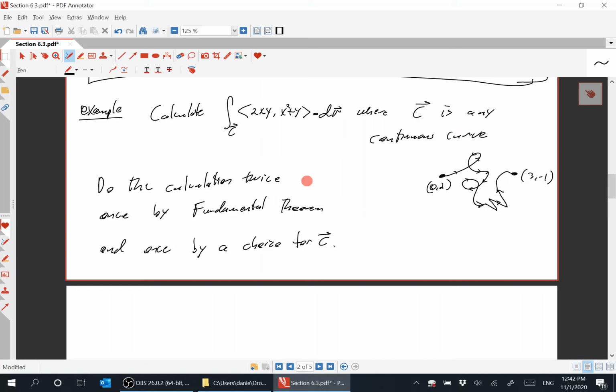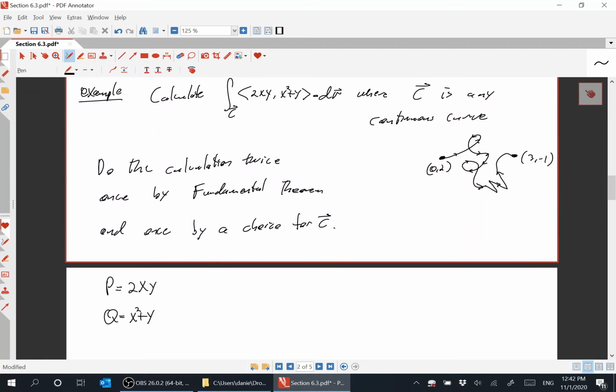Okay, well, first of all, this is a gradient field. Here, P is equal to 2xy. Q is equal to x squared plus y. Now check: P sub y is equal to 2x, and Q sub x is equal to 2x.